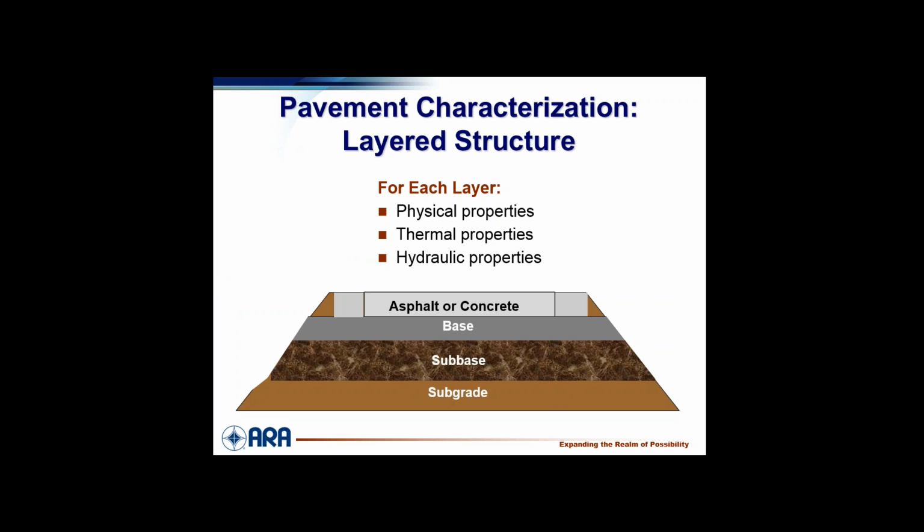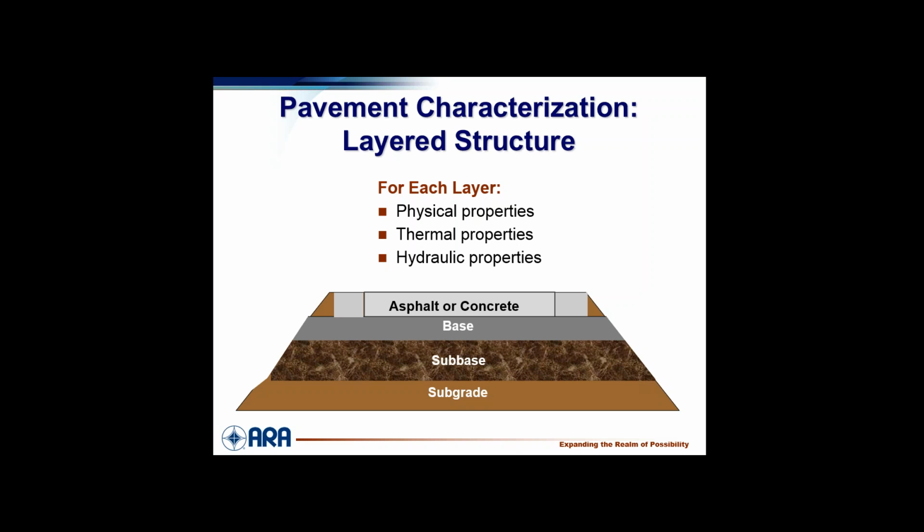Okay, so what is the basics of this? And the basics are that it's characterize a layered structure, which pavements are, and each layer has physical properties. We all know that, and we've used them in most design, even in some of the empirical design we use them. But they also have thermal and hydraulic properties, and those are just about as important. In fact, ignoring those have led to a lot of failures.